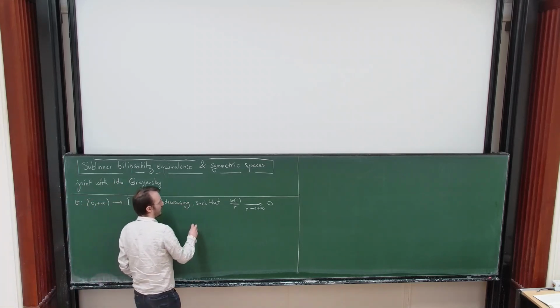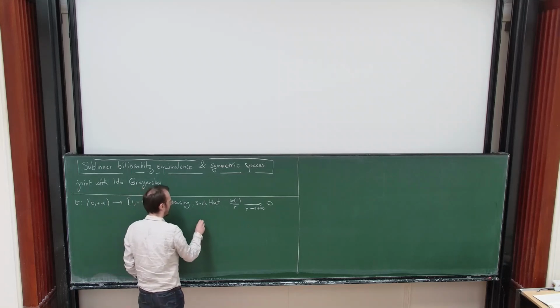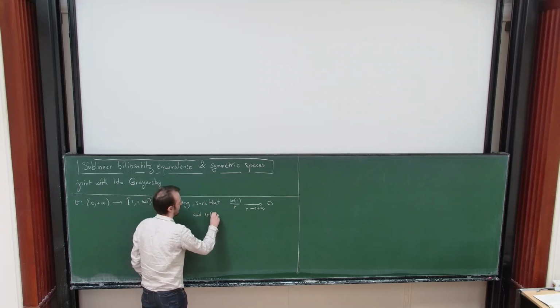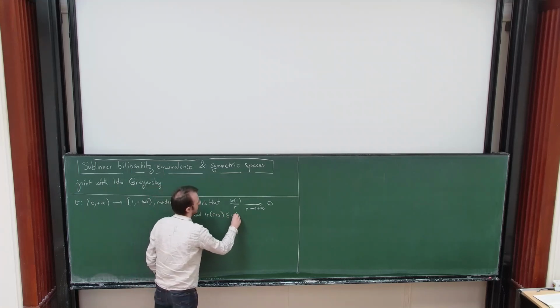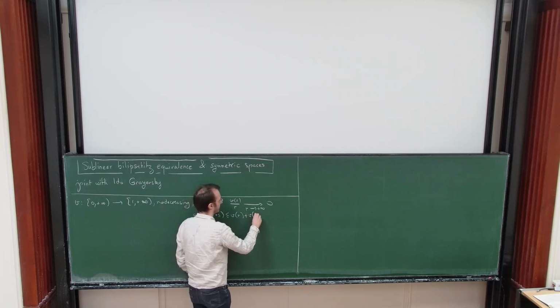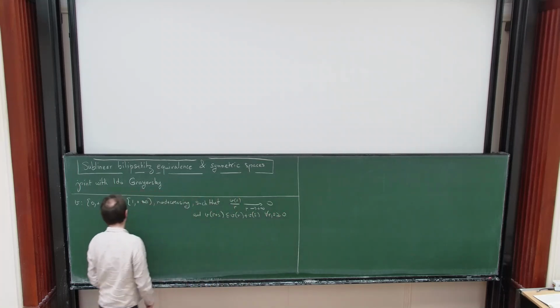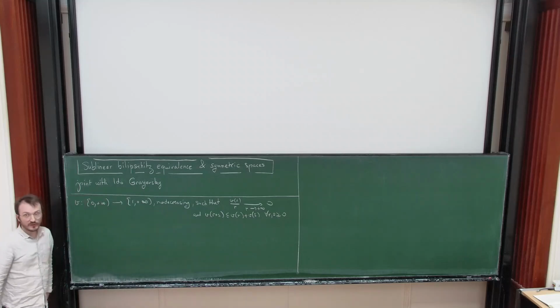And another feature, which is more of a technical one, is that I will assume it to be subadditive, so that everything I say is correct. I need to make this assumption. So first, a function.